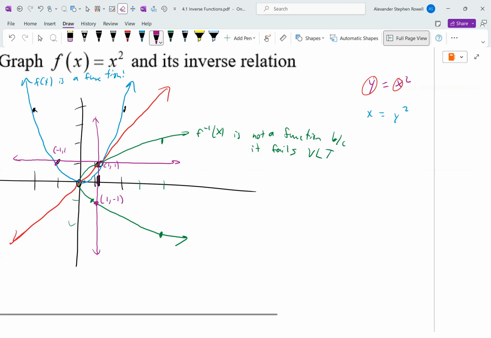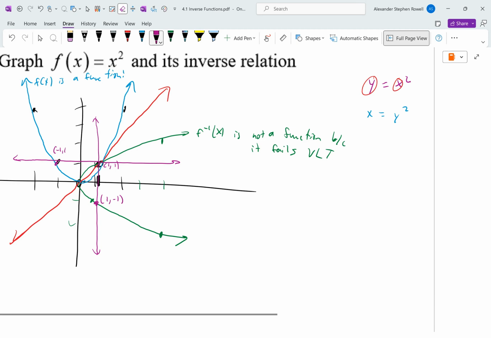Okay, because this thing, if it's flipped, would look like, can I do this in my head? Yeah. Would look like this and fail the vertical line test. How do you flip it? Everything's symmetric across this line. Anyway, it's going to look like this.